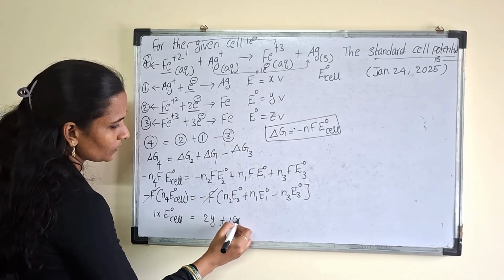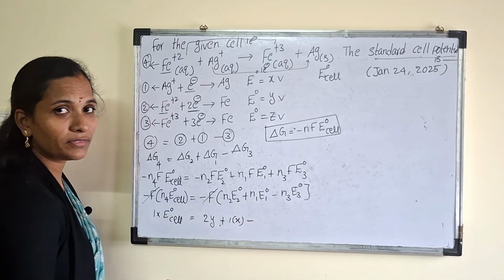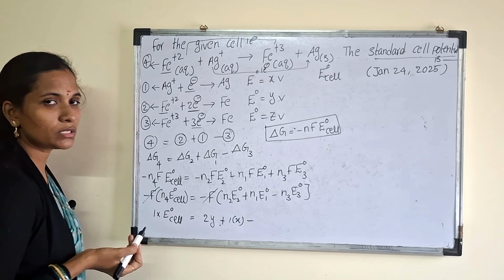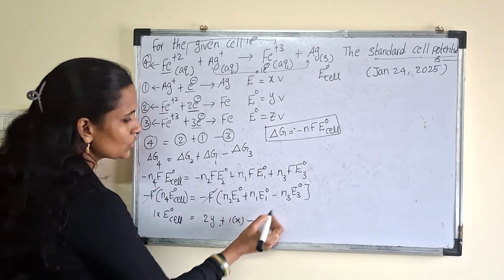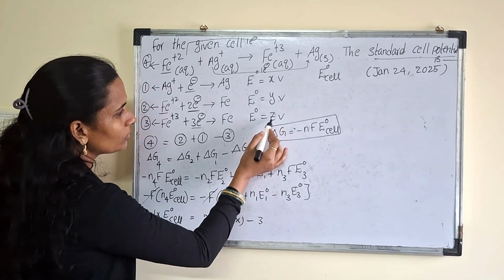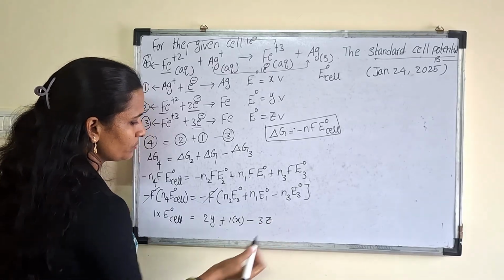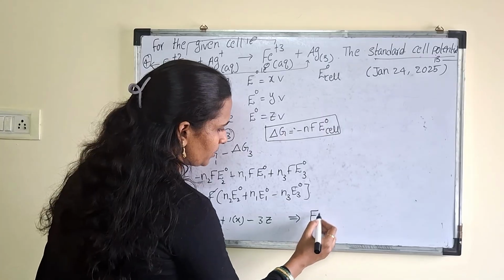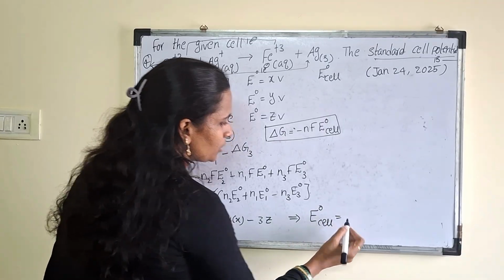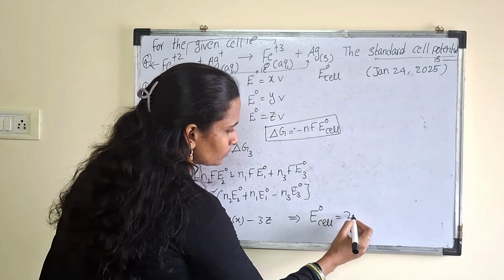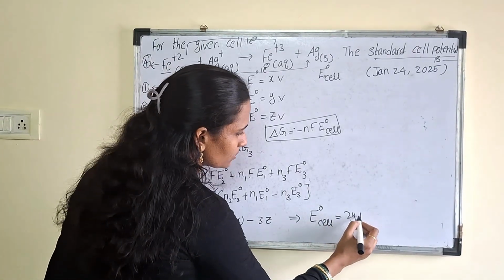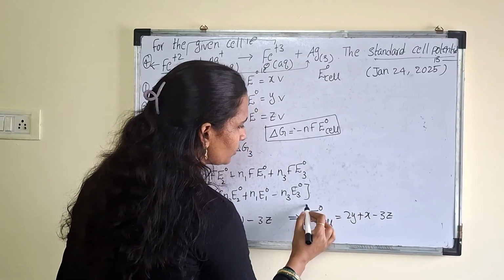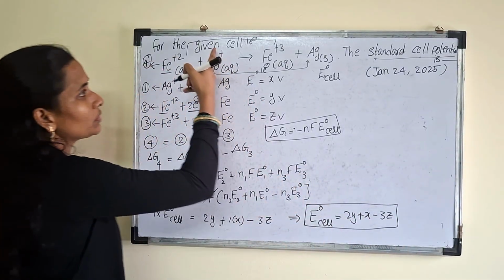Minus N3, the number of electrons in the third equation, which is 3, and E3 naught is z volts, so 3z. So the standard cell potential equals 2y + x - 3z for this reaction.